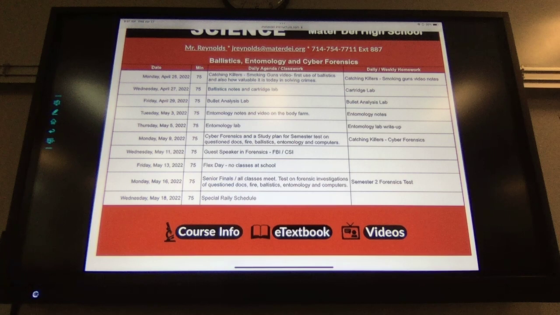So firearm identification centers on studying the marks imparted from the weapon onto the bullet and onto the cartridge. It's called the shell casing. The shell casing has the explosive in it, so it is going to propel the bullet out of the barrel of the gun, and the bullet is actually larger than the diameter of the actual chamber of the gun, and so it takes that explosion to push it through.